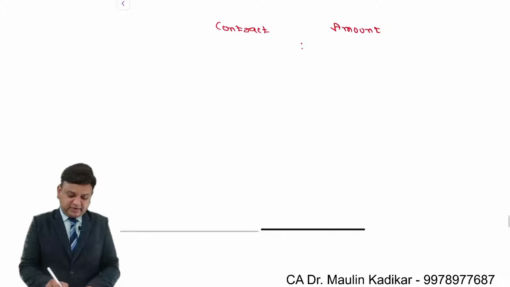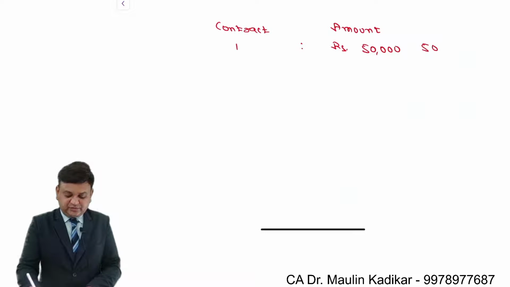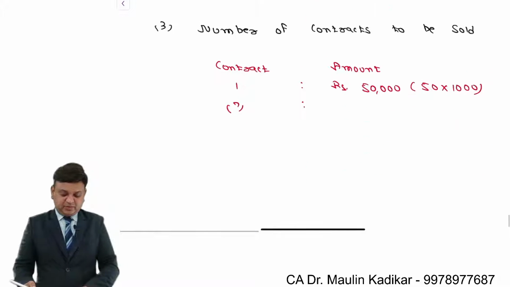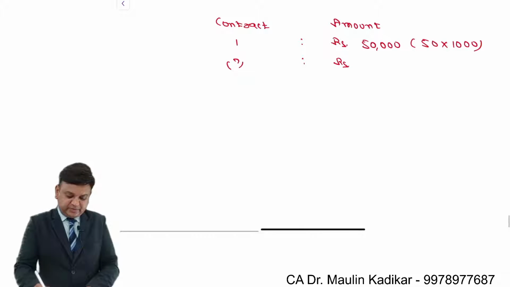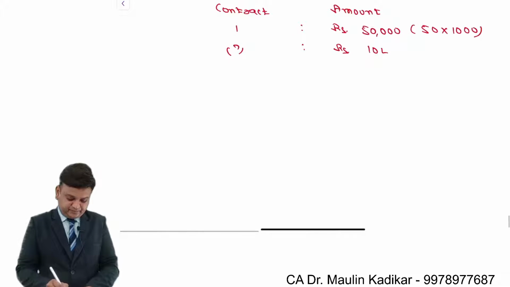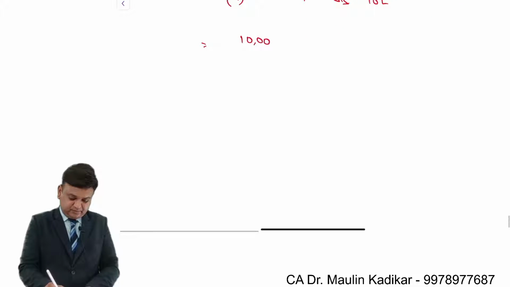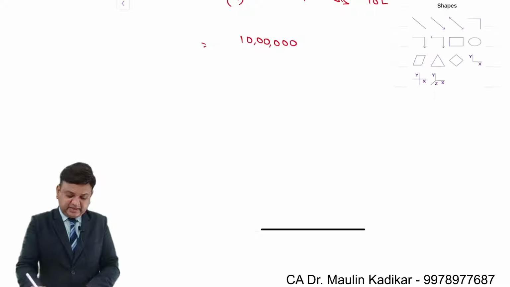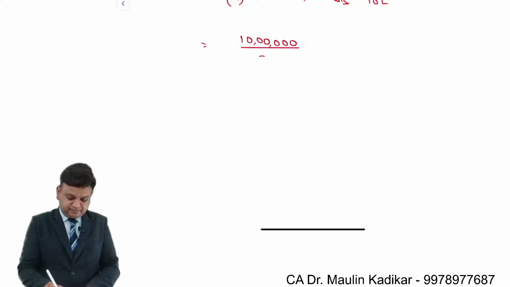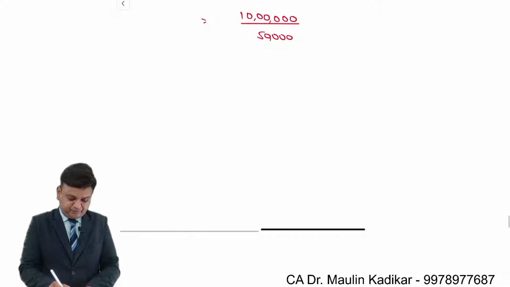If you enter into one contract, it is deemed that the transaction is entered upon for 50,000. So it is 50 into 1000. So this is the number of contracts to be entered upon for the transaction of rupees 10 lakhs. So the final answer will be 10 lakhs into 1, that is going to remain 10 lakhs upon 50,000. So in that case, the answer is 20 contracts.